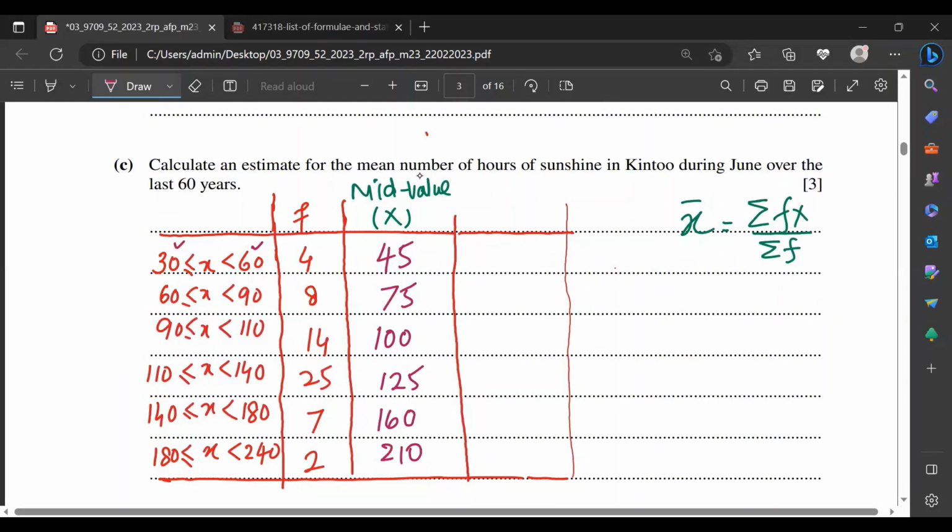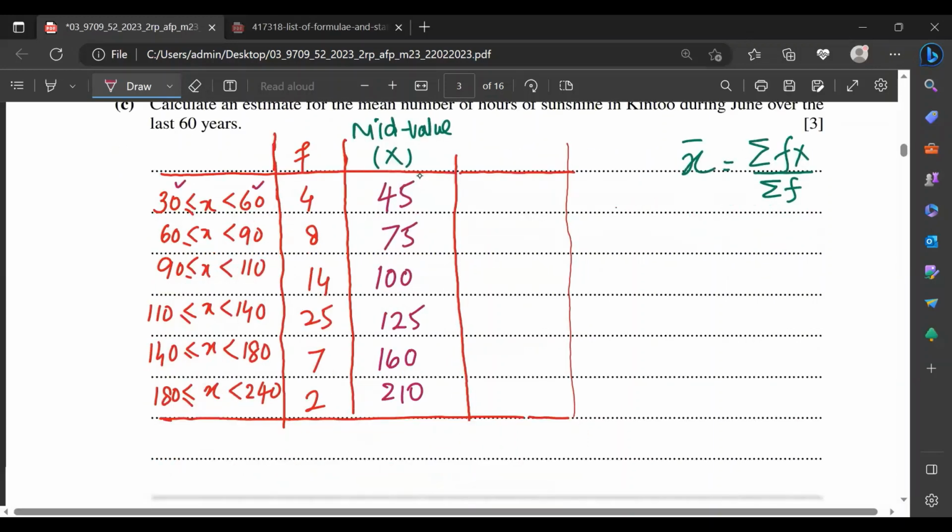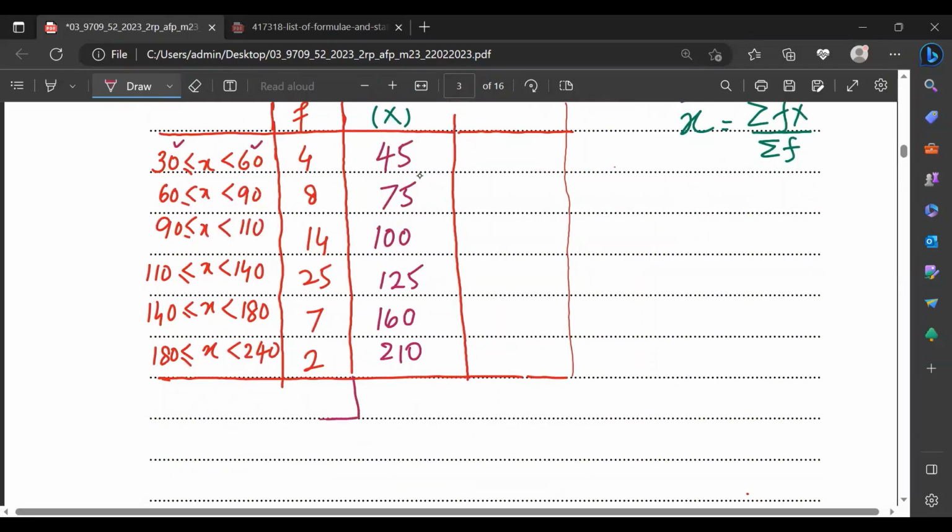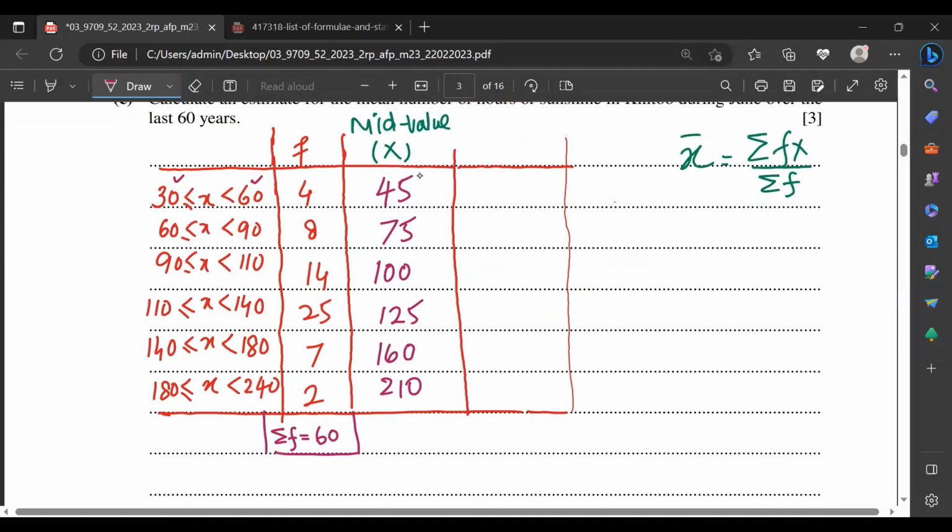Next, for the formula, sigma fx over sigma f. Sigma f is the total number of years: adding 4 plus 8 plus 14, 25, 7 and 2, the answer is 60. And yes, we need fx.